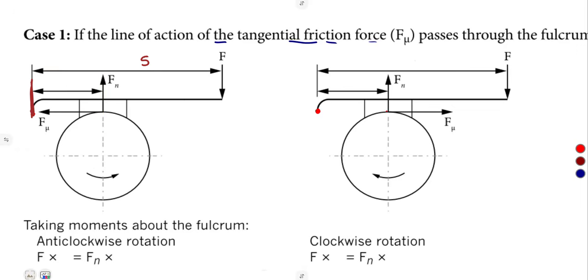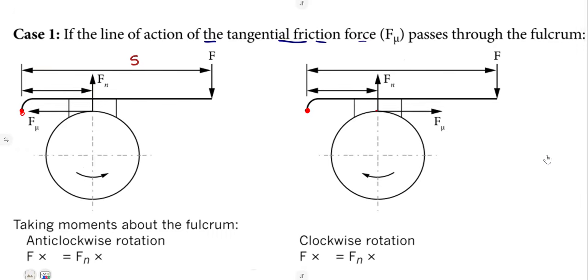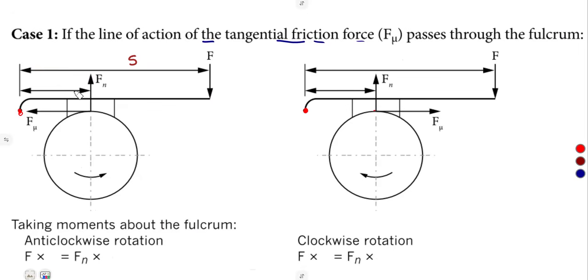Remember last time we had the use of R. So Fn as your normal force is one and the same. Do not worry about that one. It depends on the textbook, but we can just maintain Fn. So that distance from the pivot to our Fn, the normal force, is going to be L. So we're going to use L there.